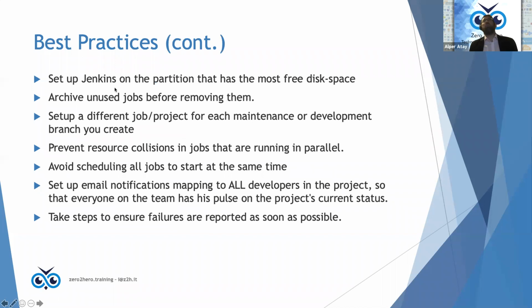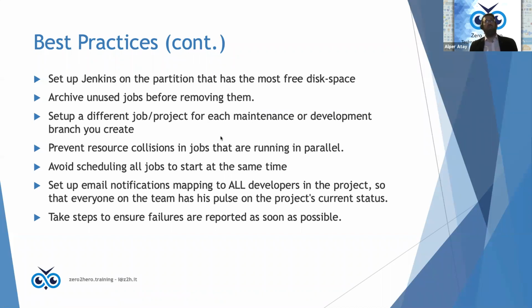Another important point is setting up Jenkins on the partition that has the most free space, because it really takes space. And archive unused jobs before removing them, because you may think that it is unused, but it might be used. Maybe rarely, but it might be used.